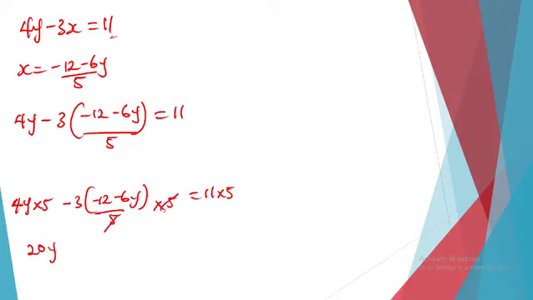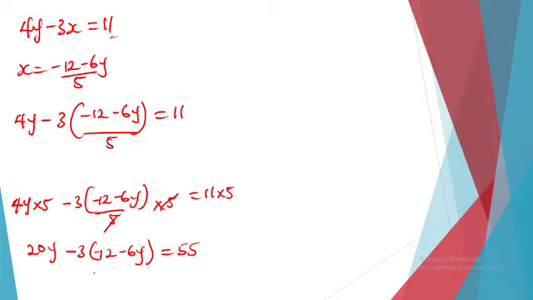This 5 will eliminate this 5. Then we have minus 3 into minus 12 minus 6y to be equal to 11 times 5, which is 55. Is that correct? Okay.